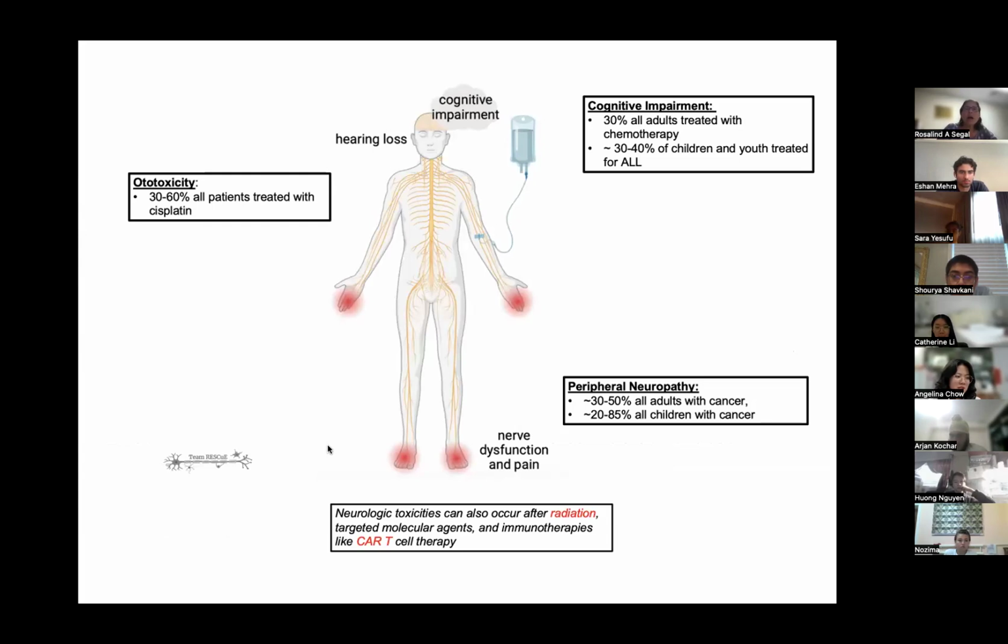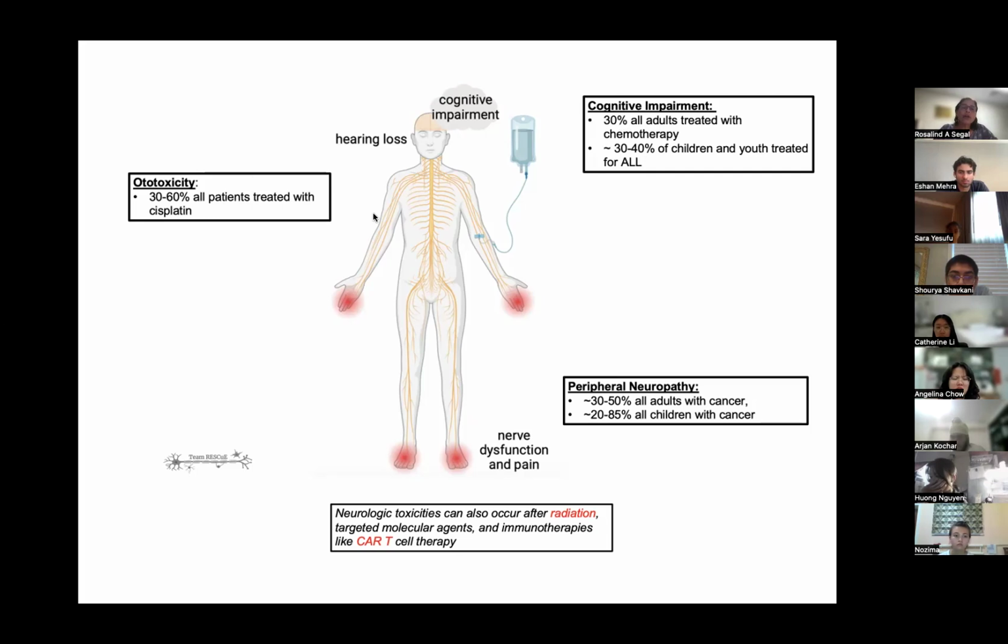So many of the patients treated for cancer exhibit or develop neurologic impairments due to the treatment. These include cognitive impairment, which is sometimes called brain fog, chemo fog, and is seen in about 30% of adults treated with chemotherapy.